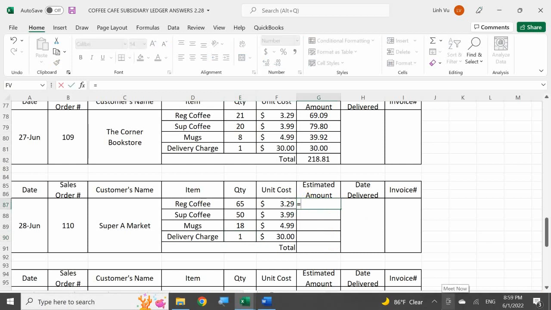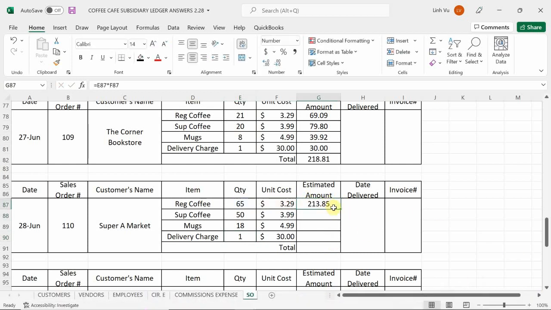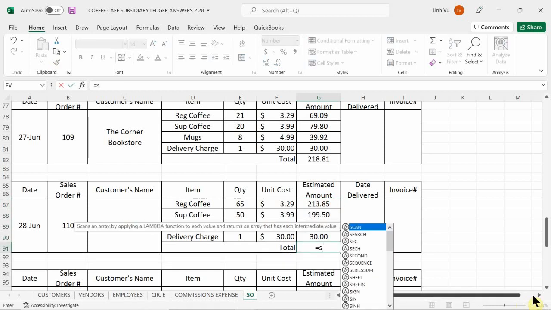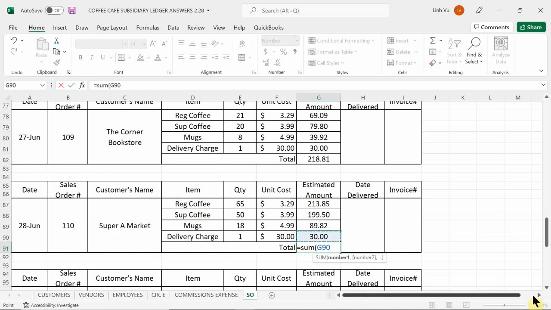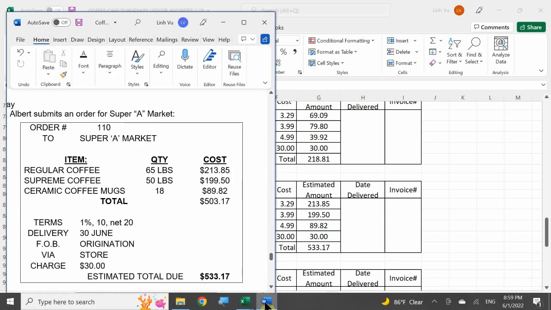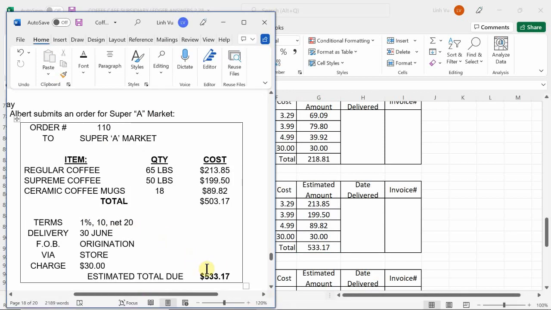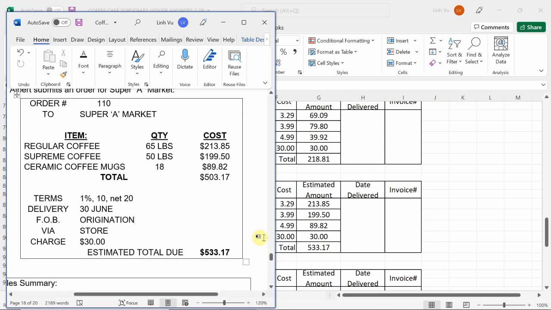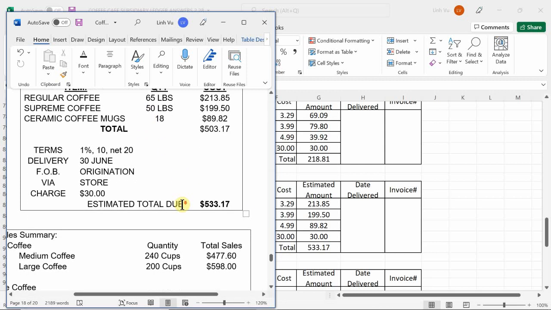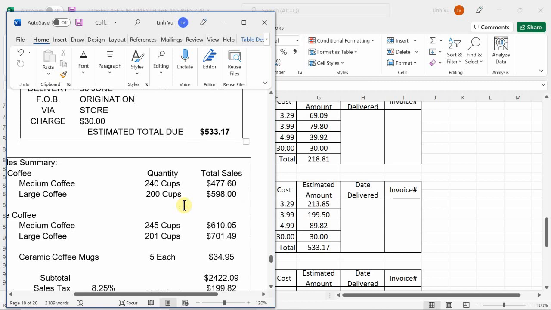So if I calculate these amounts here, it should give me a grand total of $533.17, which is correct. It matches your scenario here, so good. That is something that we're going to be delivering.